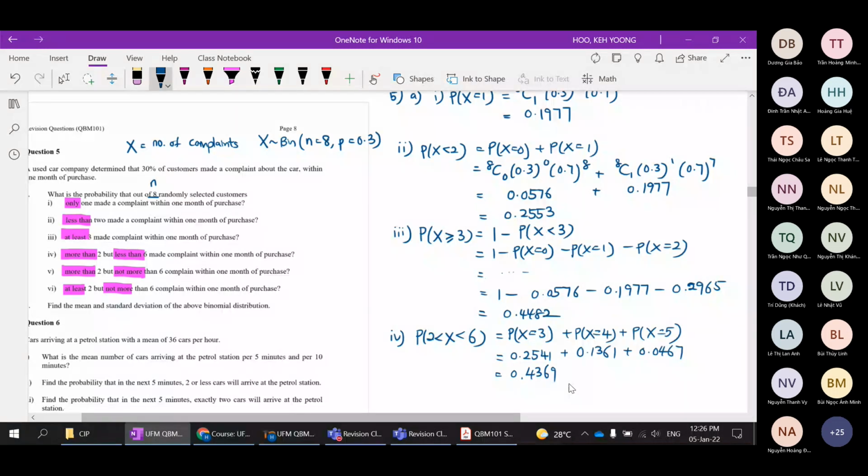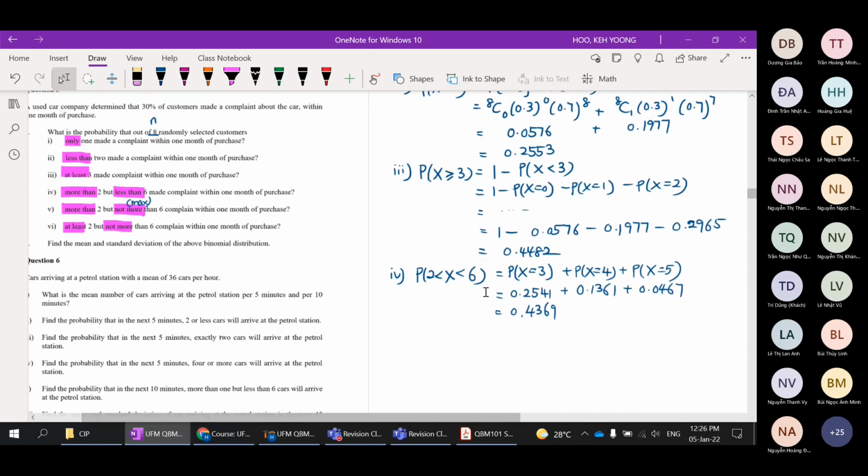Okay, next question, more than 2. Same as the previous question, more than 2, but here it is not more than 6. That means the maximum is 6. We have seen these words quite a number of times. Maximum is 6 means you could have x equals 6, right?